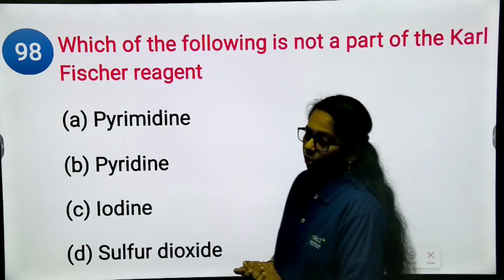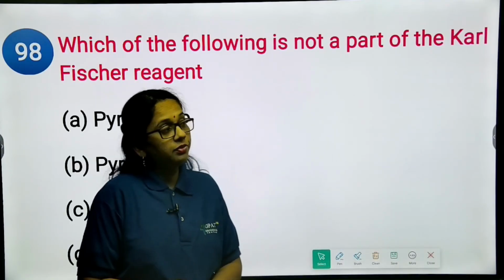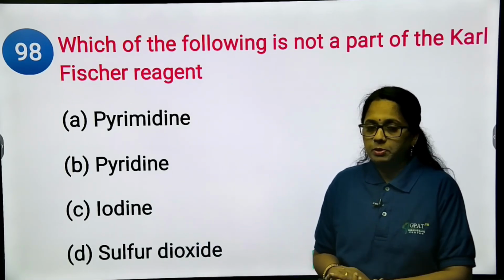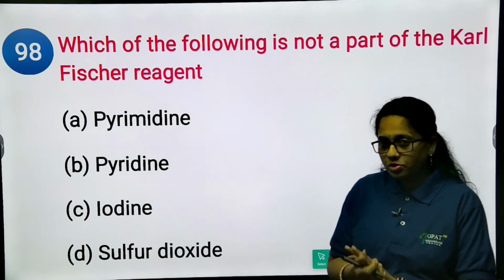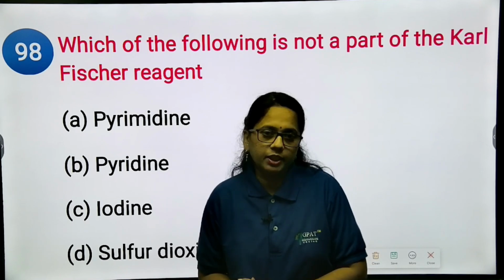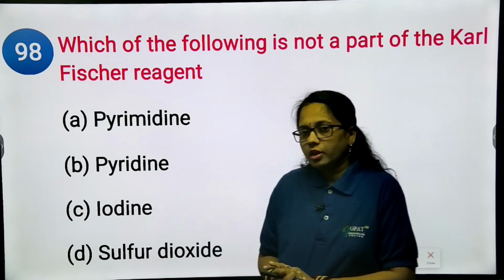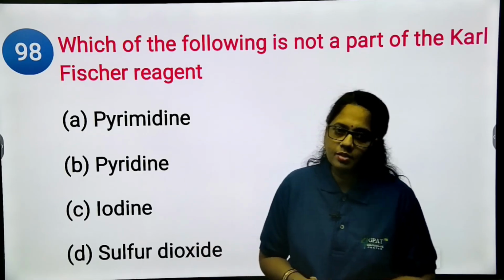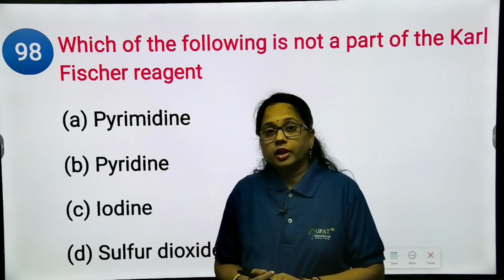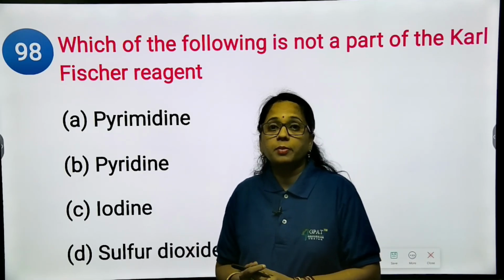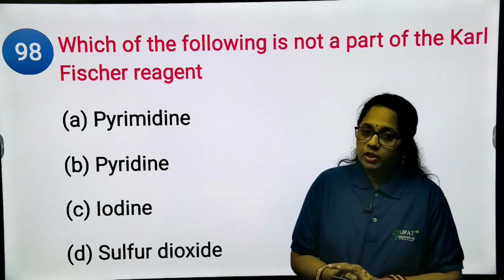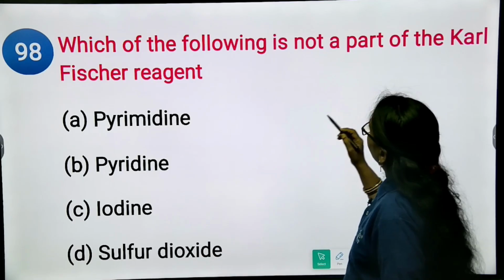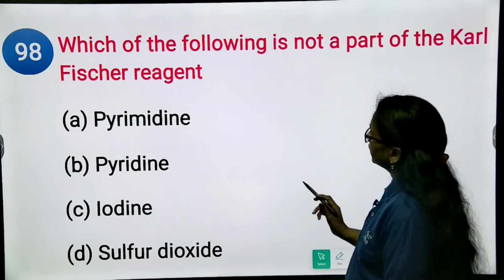Next, which of the following is not a part of the Karl Fischer reagent? We know that KF, the Karl Fischer reagent, is used in the determination of the water content in samples. KF titration can be performed manually or instrumentally also, with volumetric methods and coulometric methods available. What they have asked is which is not a part of the Karl Fischer reagent.